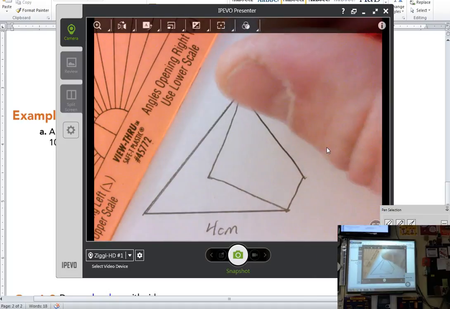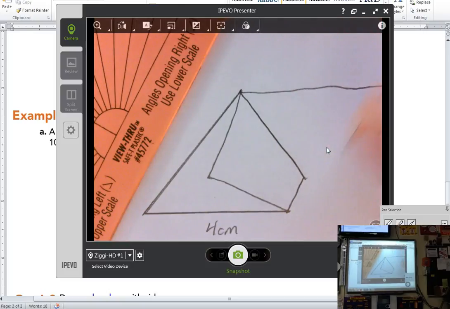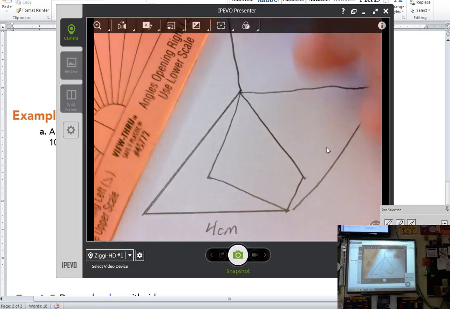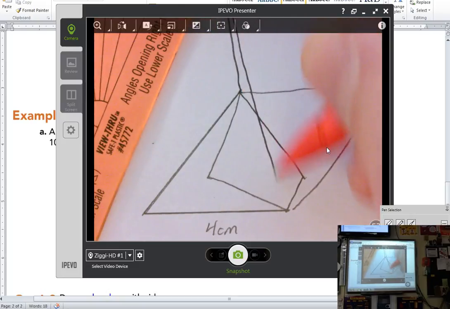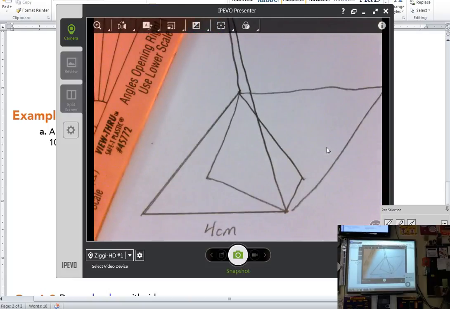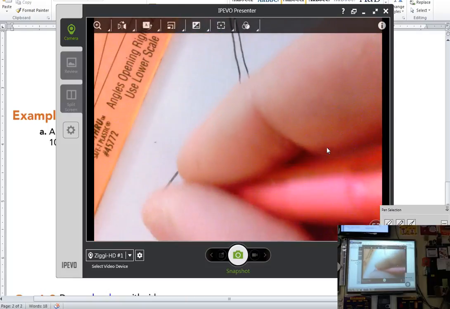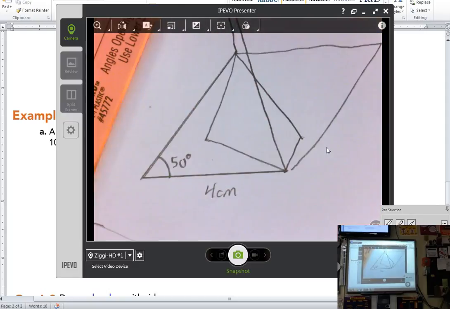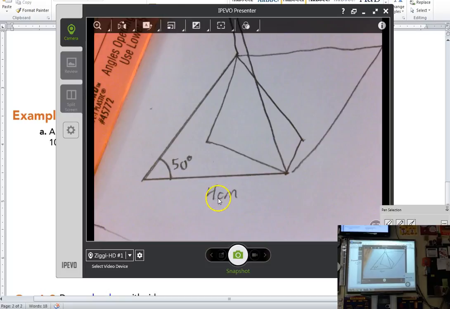You could finish your quadrilateral like that. You could go way over here and then back down there. You've got tons of options. All that you care is that this is 50 and we need to label that as such. So we got to label that's 50, that's 4 centimeters.